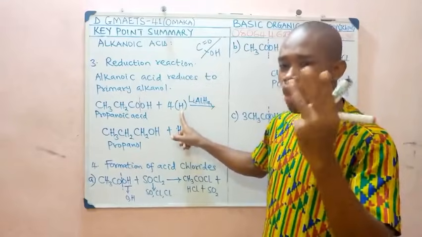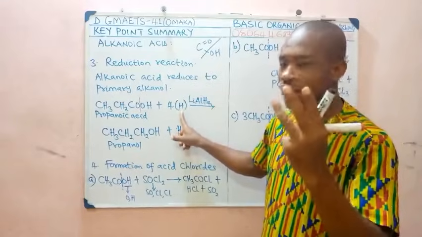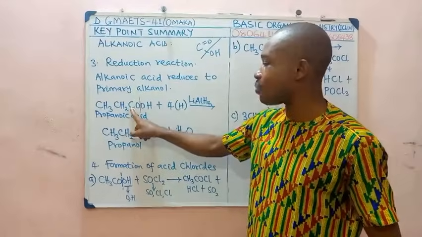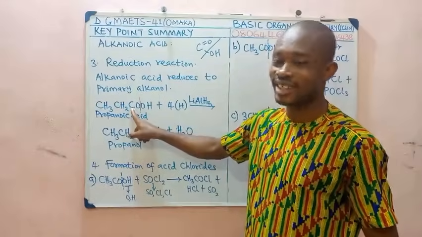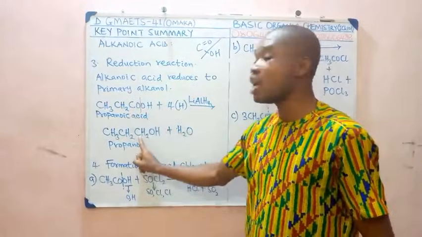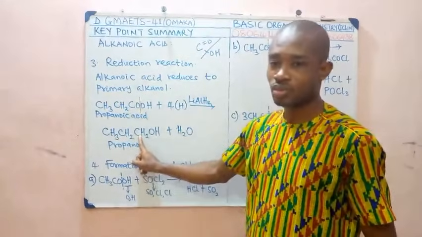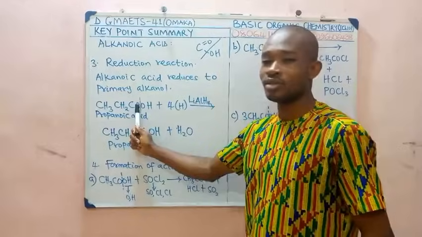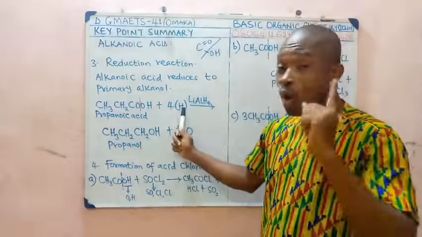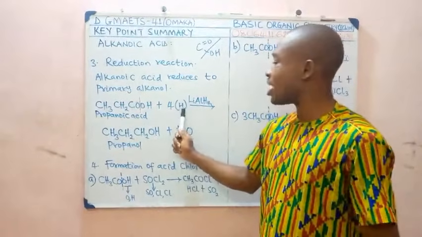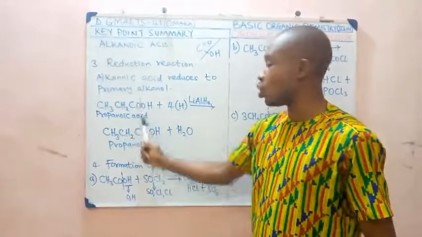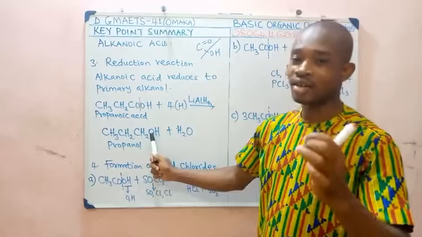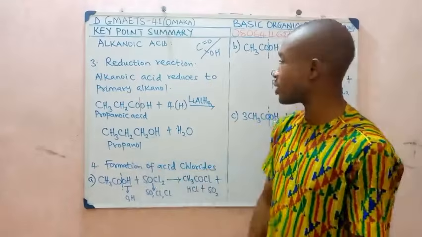Of that 3, 2 of them will attach to this carbon of the functional group directly to give us CH2. Now we are left with this oxygen, and here we are left with 1 more hydrogen. That hydrogen will attach to this oxygen to give us OH, which gives us the alkanol. This is propanol. Is that okay?